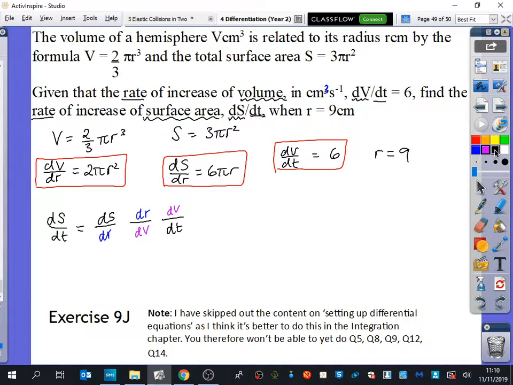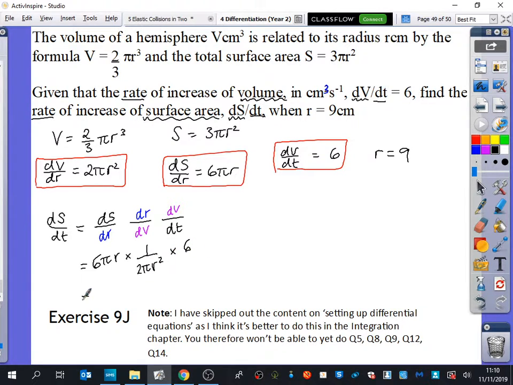So putting all of these things together, we can now go straight in and say that ds by dr is 6 pi r. dr dv, we don't have dr dv, do we? Yeah, it's just going to be 1 over this because we've got dv over dr, so we multiply by 1 over 2 pi r squared, and dv dt is also something that we've got, which is just 6.